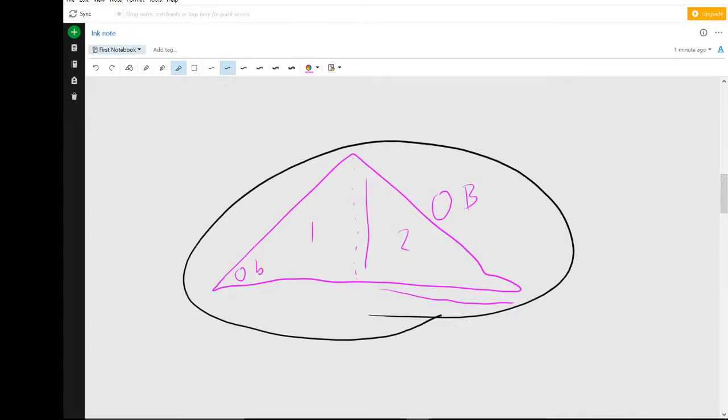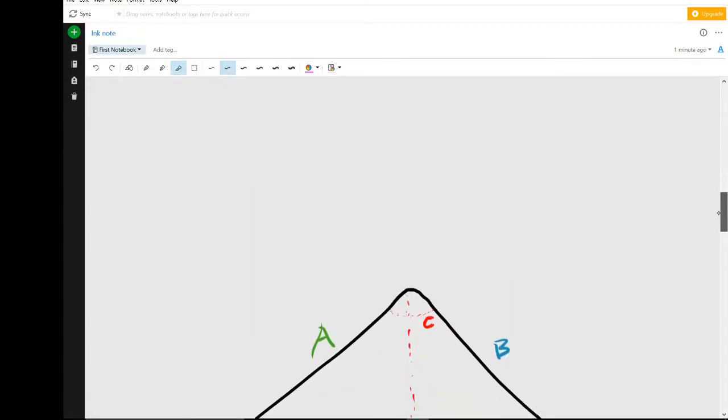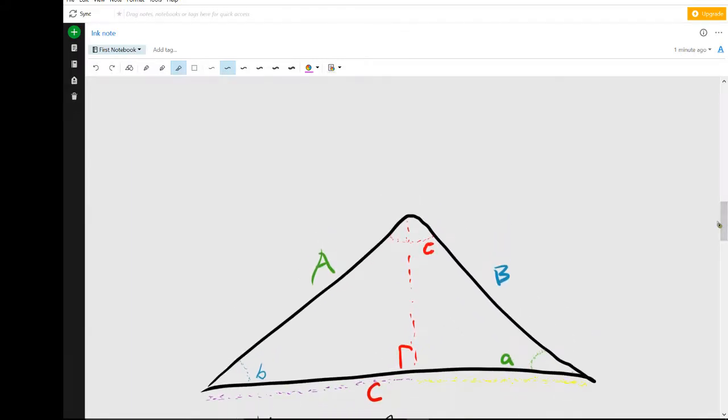So let's see this in practice. If I created this triangle, right, and like I said, we're going to try and find B in terms of angle B.